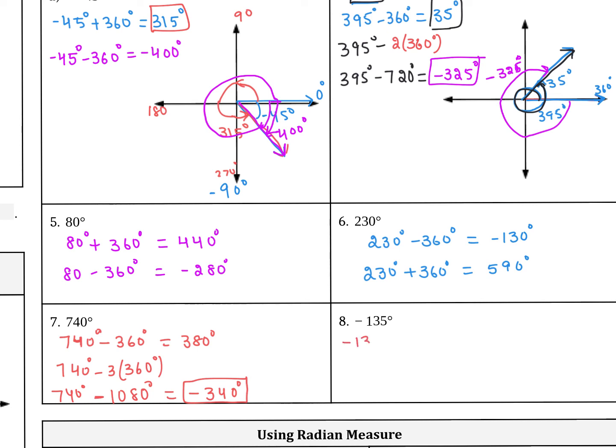So negative 135 plus 360 gives us a positive. And we're going to subtract 360 to see if it gives negative. If it doesn't, then we have to choose another 360. So negative 135 minus 360 is giving us negative 495. So both work. One is positive, one is negative, coterminal to negative 135.